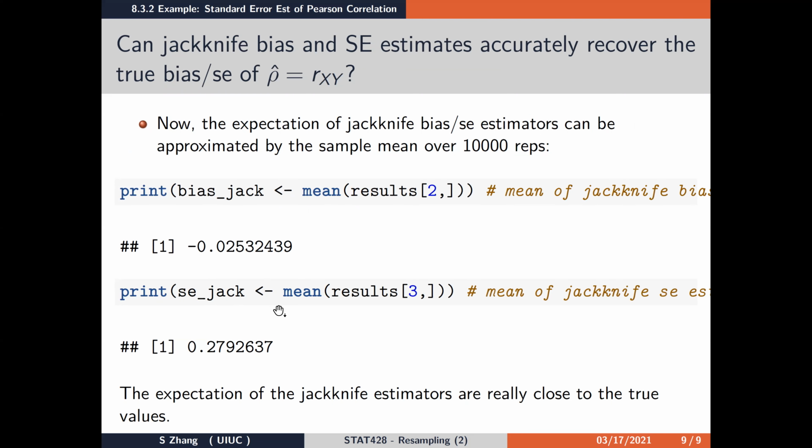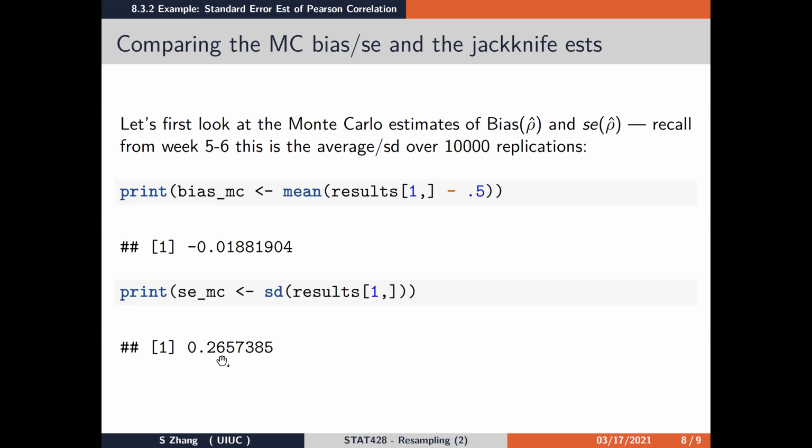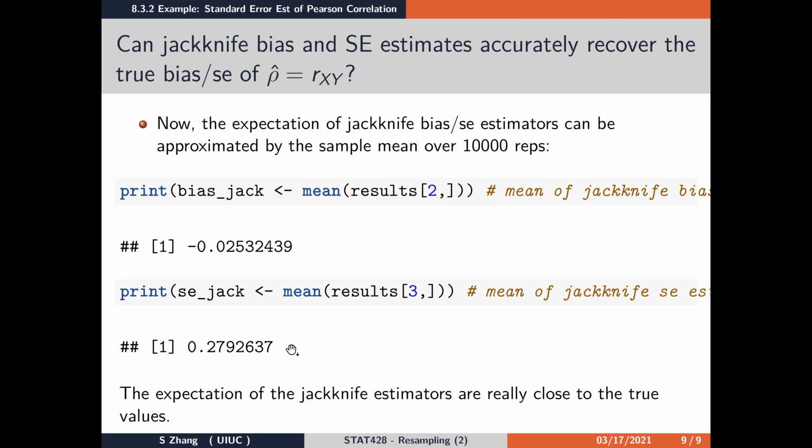The expectation of the jackknife standard error estimate can be estimated using the sample mean of the 10,000 replications of the jackknife standard error estimate, which is essentially the mean of the third row of the results matrix. And that gives us something around 0.28, which again is quite close to the Monte Carlo approximation of the standard error of rho hat.